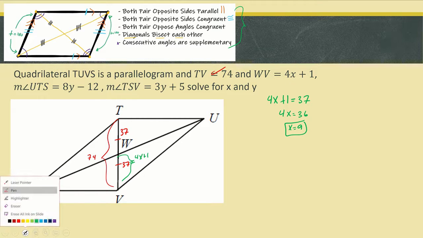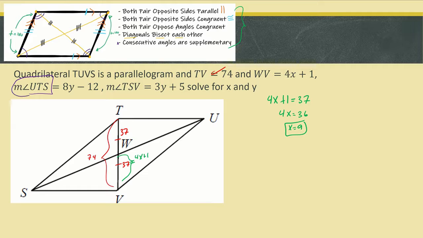So then the next thing they're telling me is that angle UTS, this angle here, is 8y minus 12, and angle TSV, this angle here, is equal to 3y plus 5.